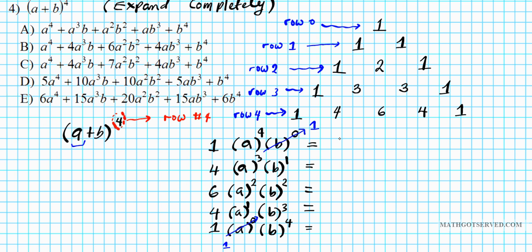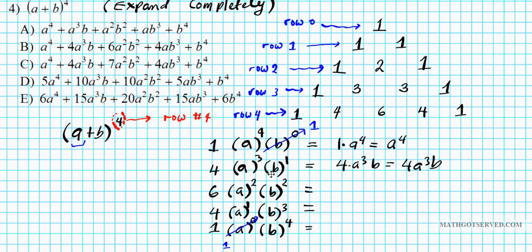1 times a to the 4th, which is simply a to the 4th. Let's see, 4 times a to the 3rd times b, which is just 4a to the 3rd b.